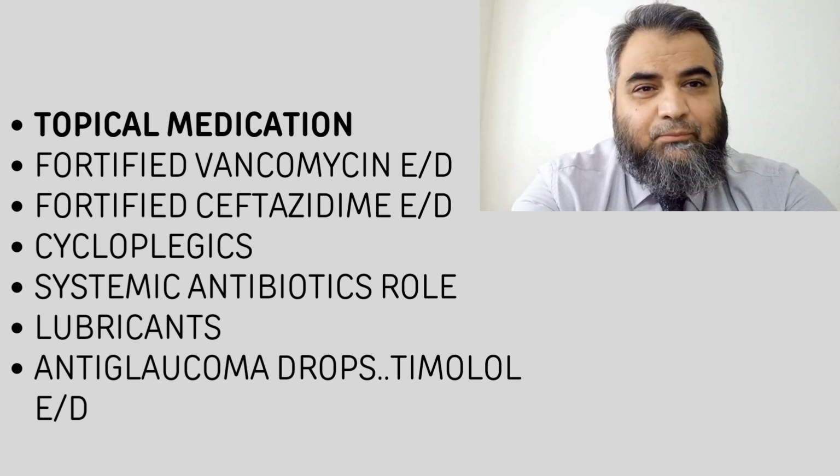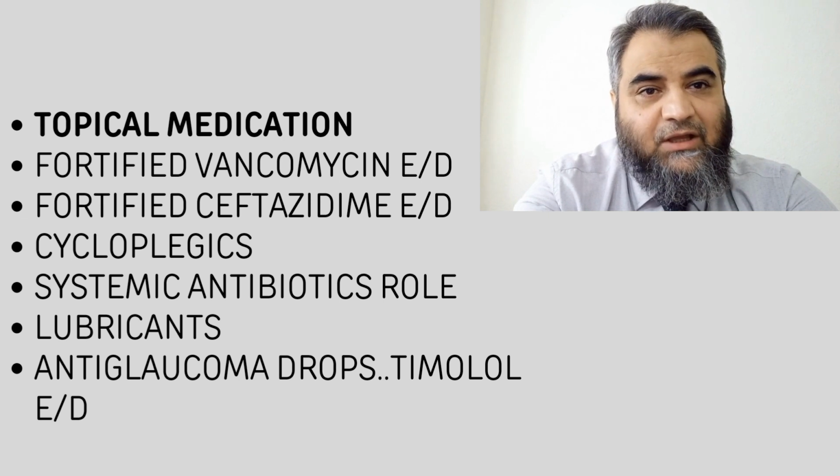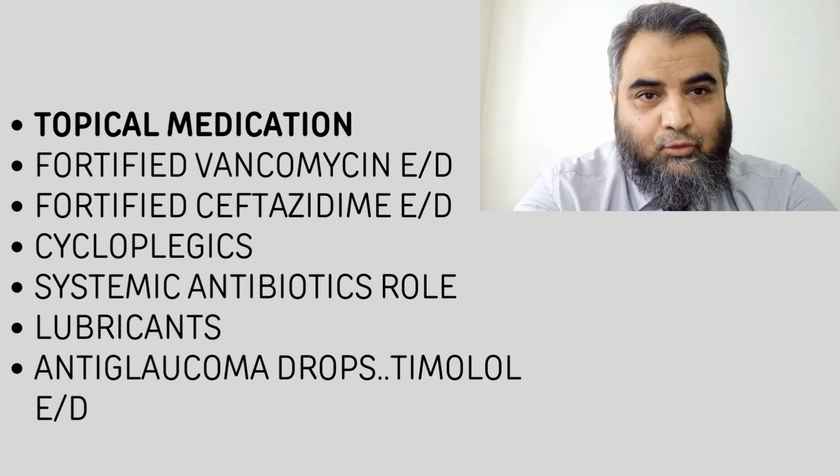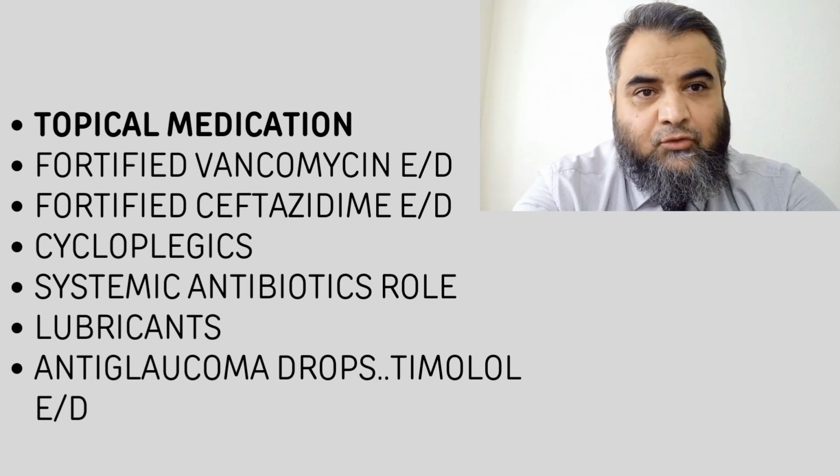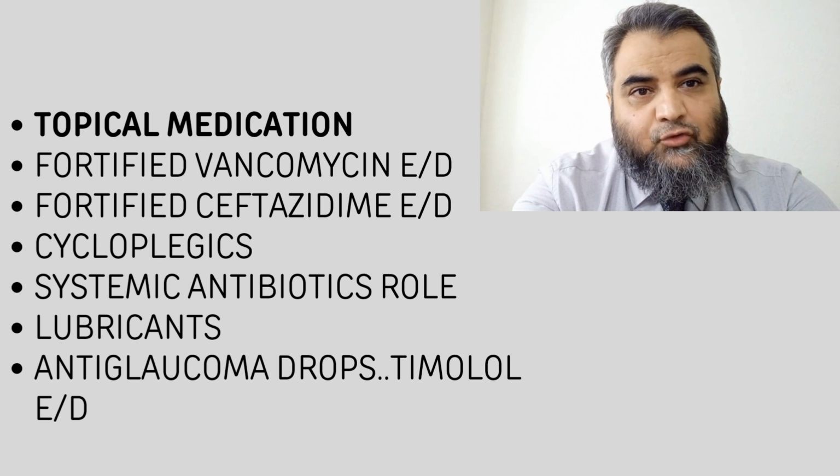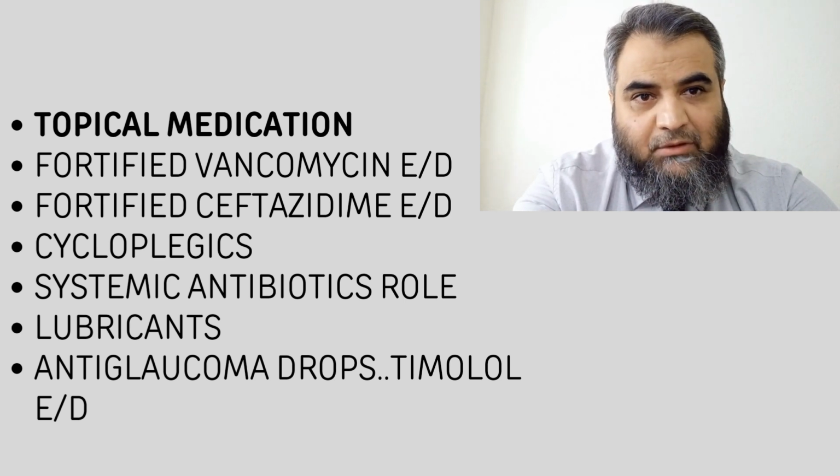Along with that, very important, during this infection the eye is inflamed. I showed you in the first slide, there is hypopyon, the pus formed there. These inflammatory cells go there and clog up the trabecular meshwork, the drainage of aqueous humor. So the IOP, intraocular pressure, is raised. So we can use anti-glaucoma medication.